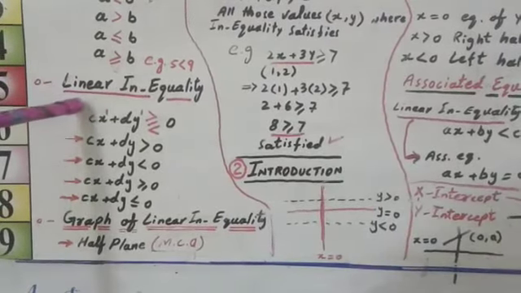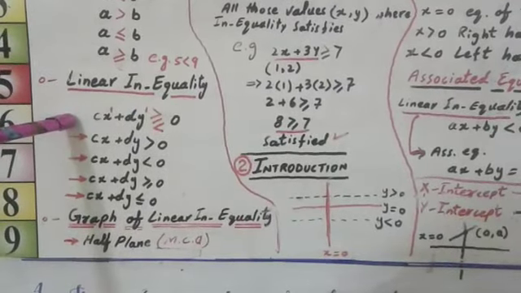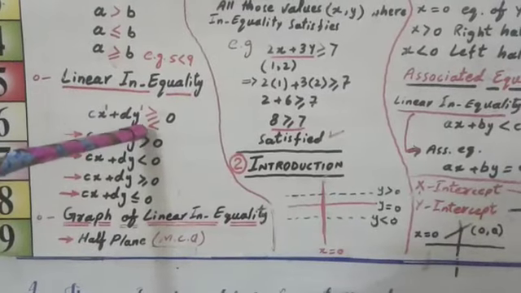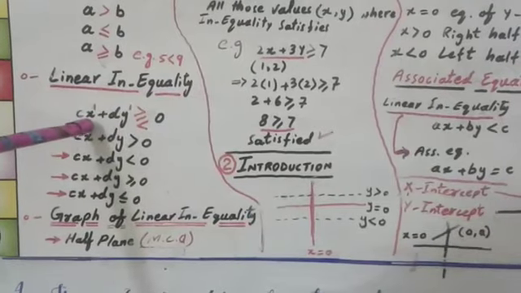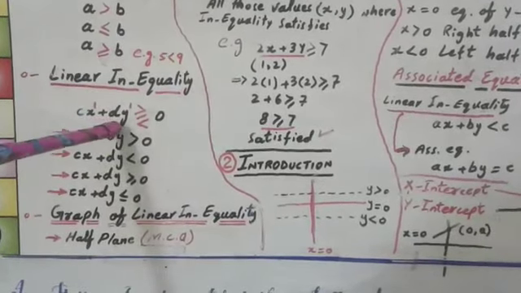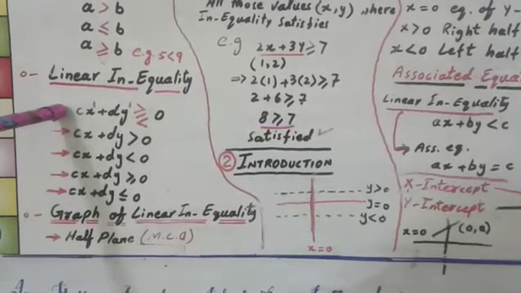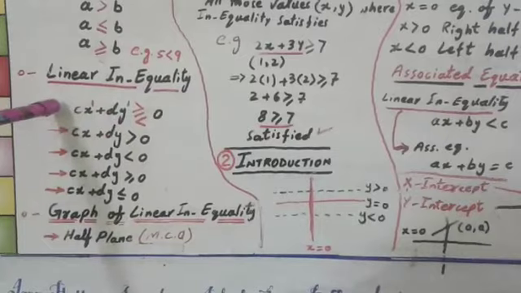Second one is linear inequality. Linear inequality expressions, for example, cx plus dy greater than or equals, less than or equals to 0, are such expressions in which variables x and y have maximum power 1. There are two variables in this expression, x and y. Both have maximum power 1.